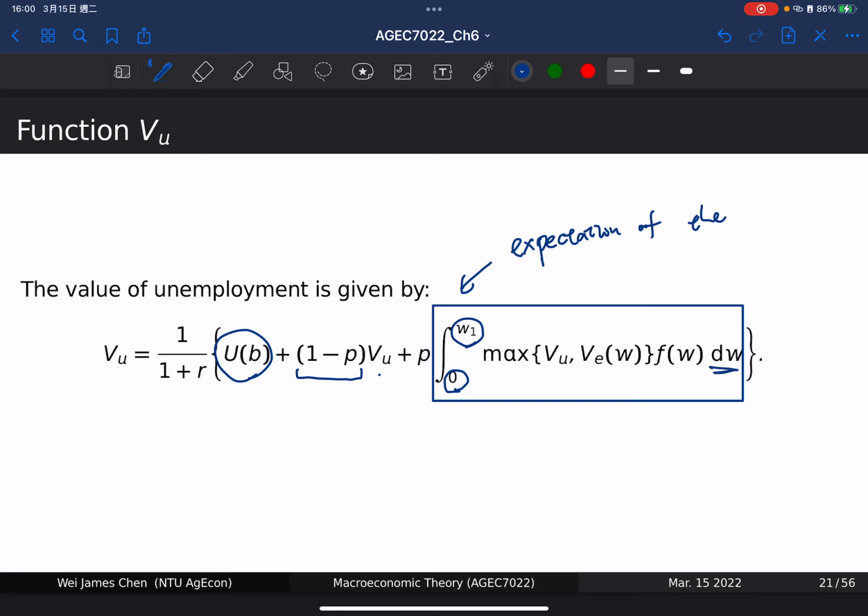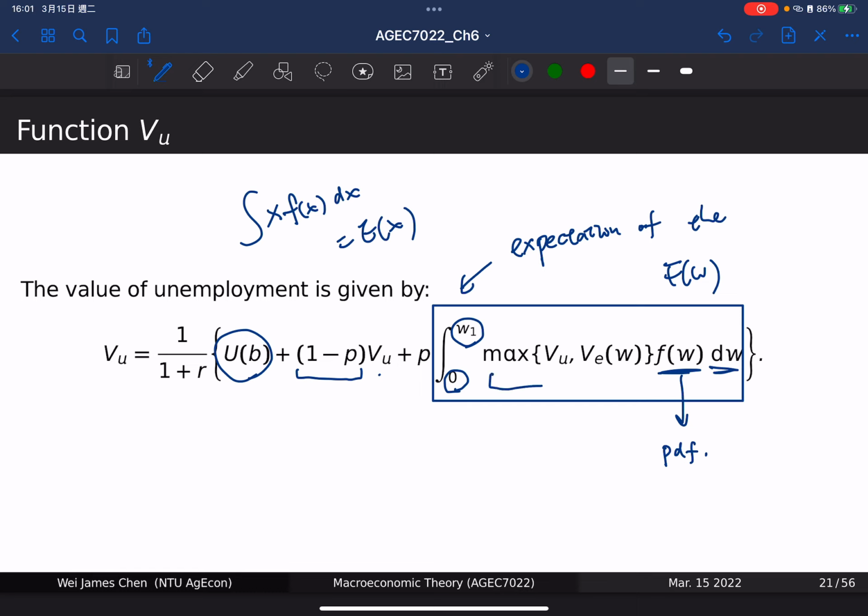This is just the PDF, the probability density function of the big F of W. If you don't remember, the integral of x f of x dx is basically the expectation of x, given that f of x is the density function of x. So this is what I'm doing here.